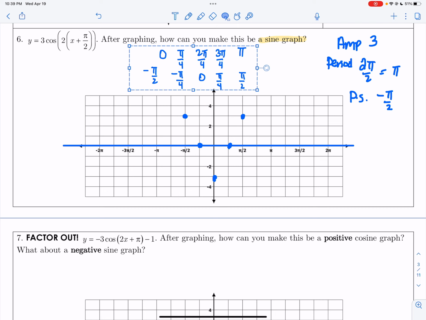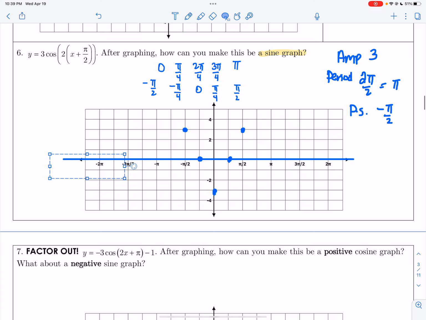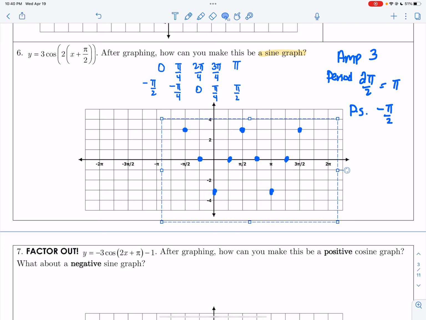And then we're going to see how can I make this to be a sine graph. So what I'm going to do is probably delete that. And then try to copy this, to the best of my ability.